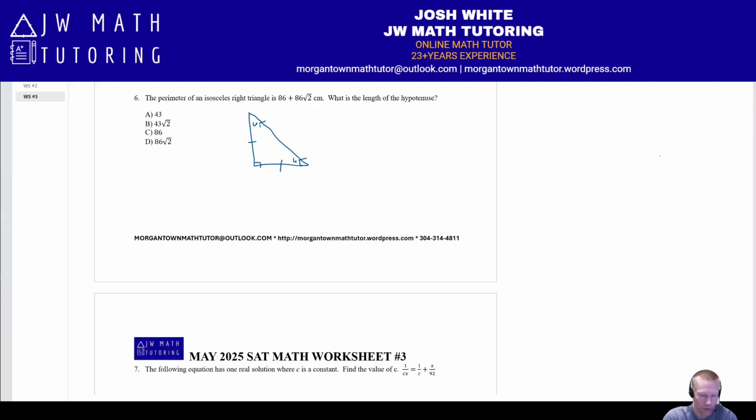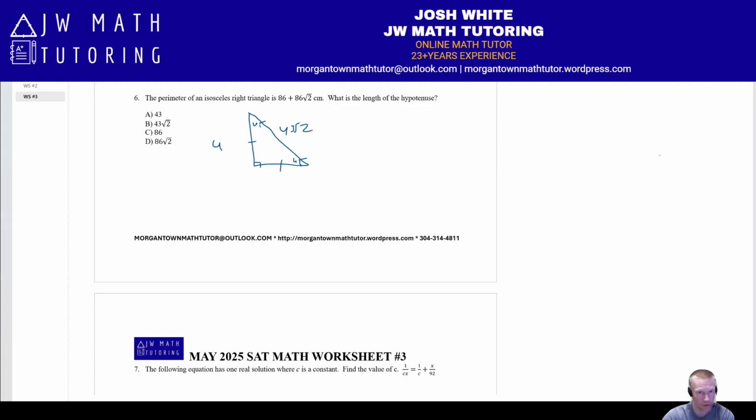Okay, so there's multiple ways you can solve this. First of all, you could back solve this. You could go through the answer choices and say, okay, if this is the hypotenuse, what are the side lengths? And then work it all out from there. I already know what the answer is, so I won't bother going through all the incorrect ones, but a lot of people think it's going to be 43 root 2.